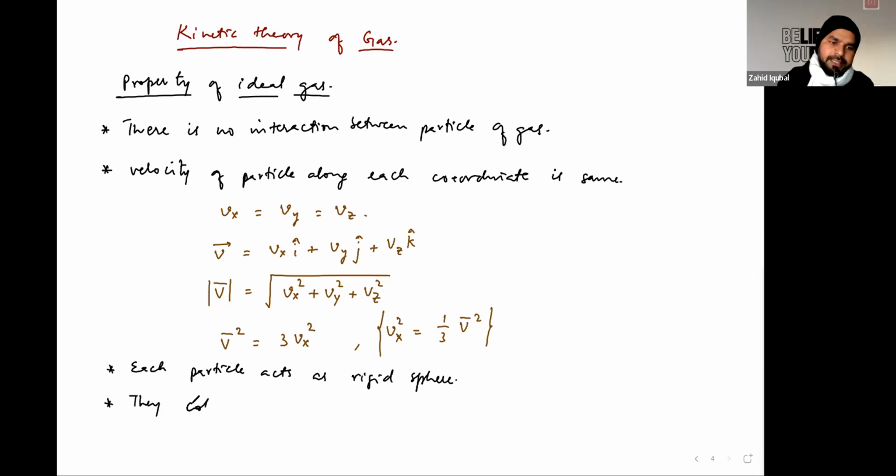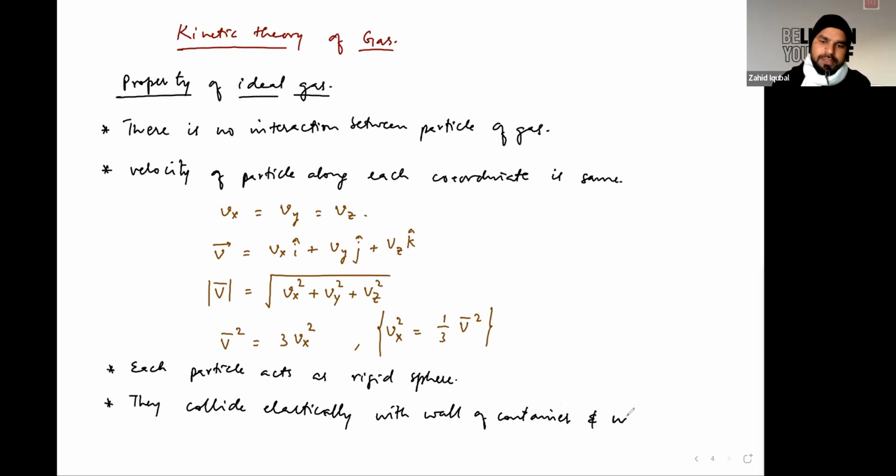They collide elastically with the wall of the container and with neighboring particles.